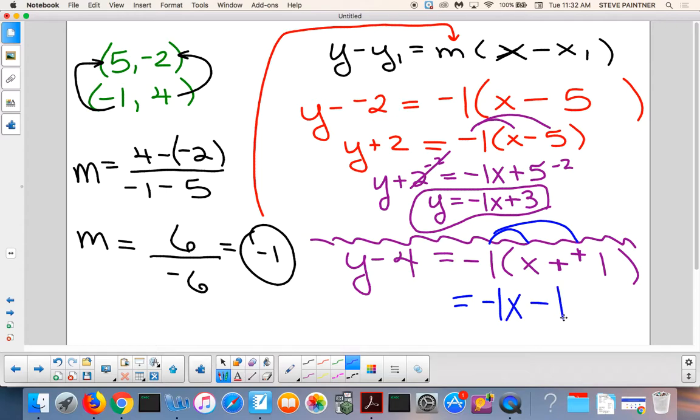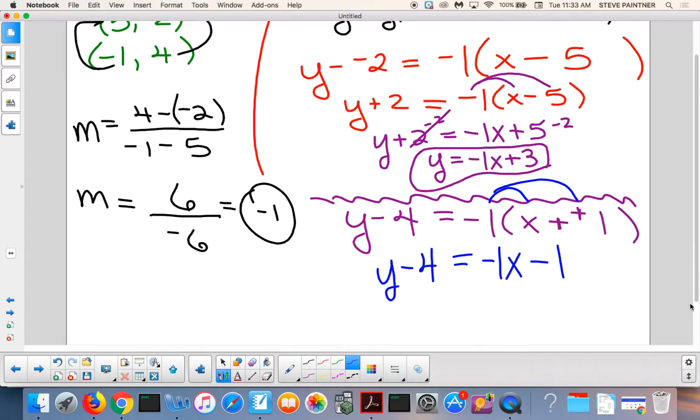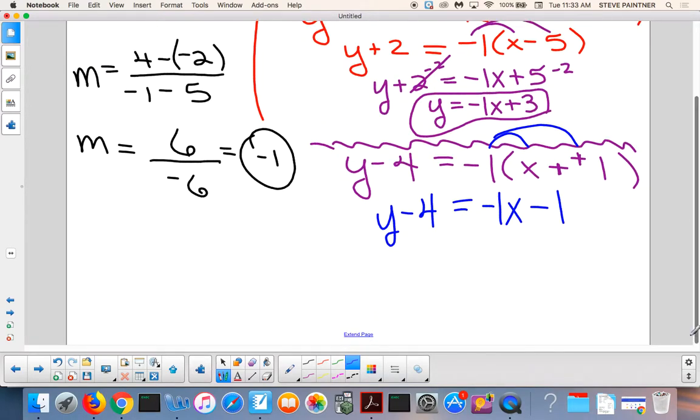Yep. And then y minus 4. Okay. Now what? Add 4. You get y equals -1x plus 3. Same answer, isn't it?